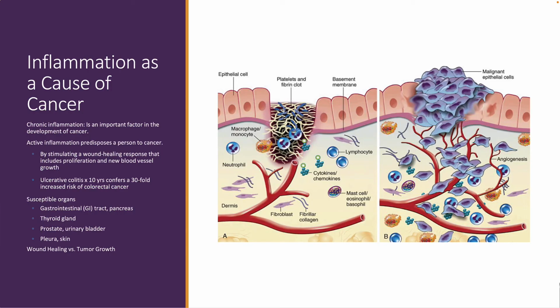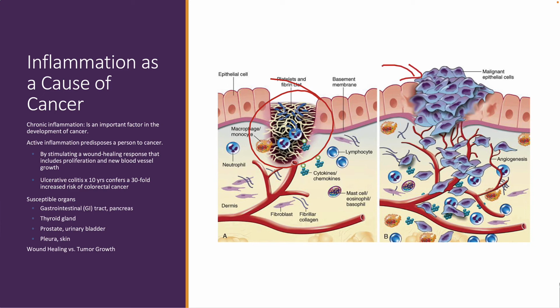So in this illustration, it talks about the cause of cancer due to inflammation. So remember that active inflammation is a predisposer or a precursor to cancer, because that wound healing response that continues all the time eventually goes rogue, and these malignant endothelial cells can develop.